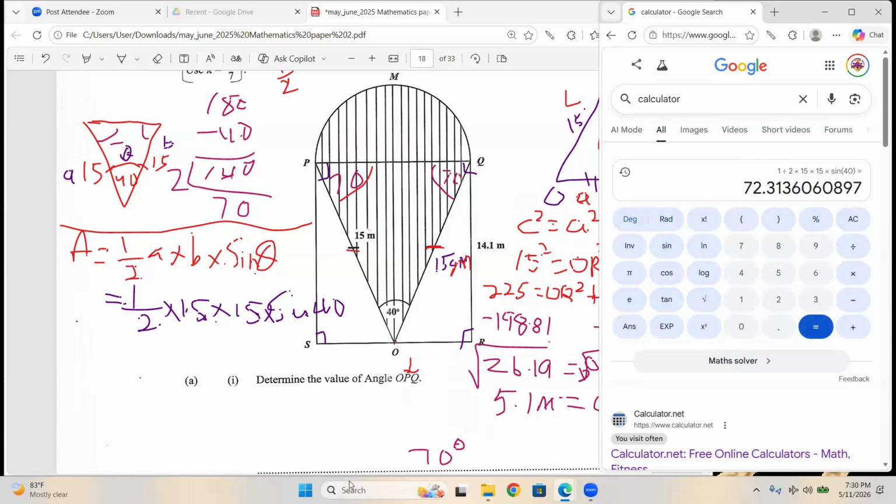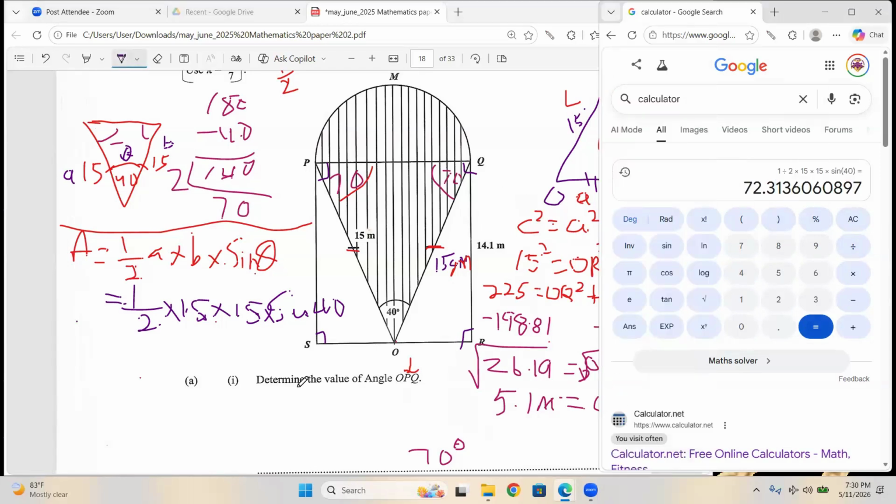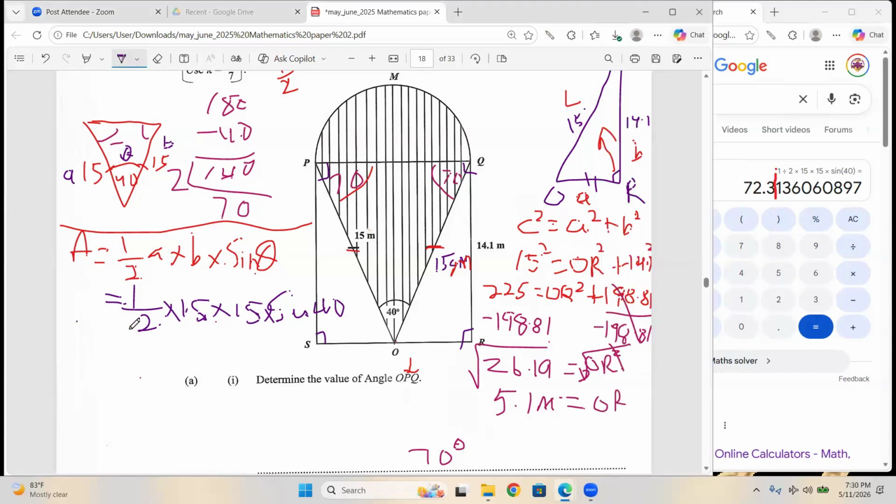I got there. I write my answer to probably 1 decimal place. The 1 is less than 5, so it will be 72.3. We found area, so this is meters squared.